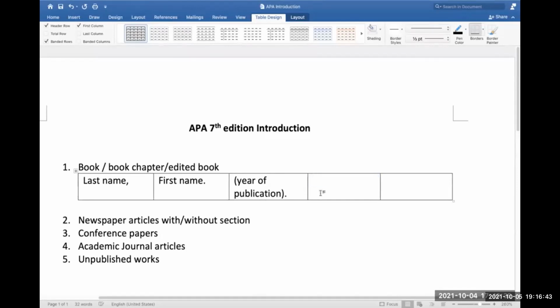Then we say, this is a book chapter, title of chapter, full stop. Then we say name of book, italicized.